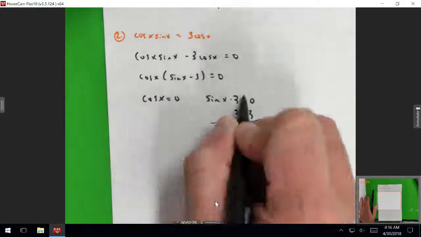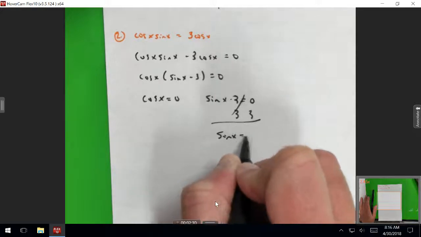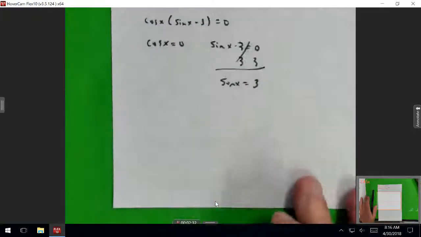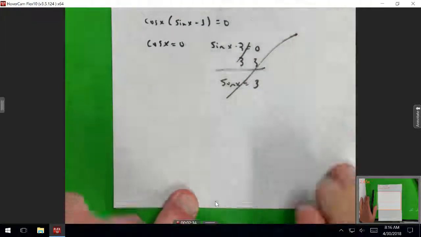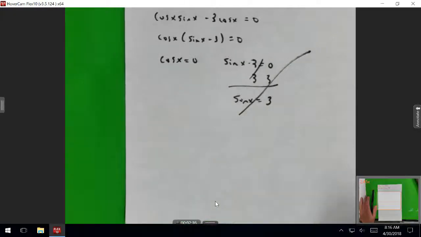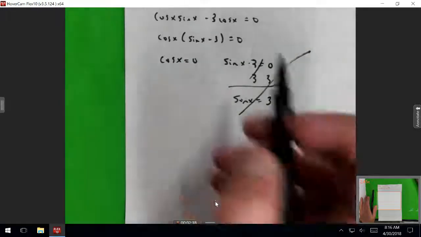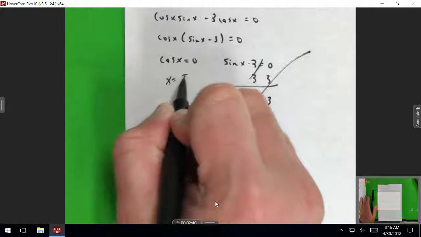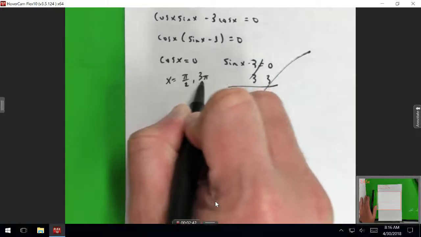Move this over. Is there anywhere on the unit circle that we have a sine value of 3? So we don't have to worry about that? No. Cosine x equals 0. Where does cosine equal 0? Very good, and? Very good. Are there any questions on that one?